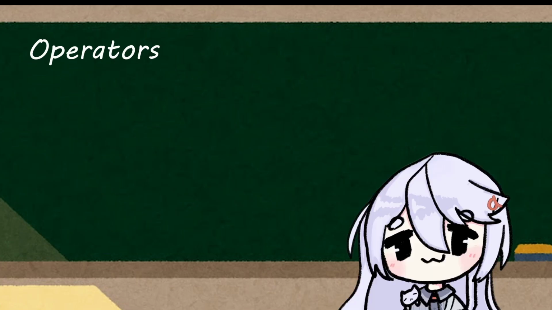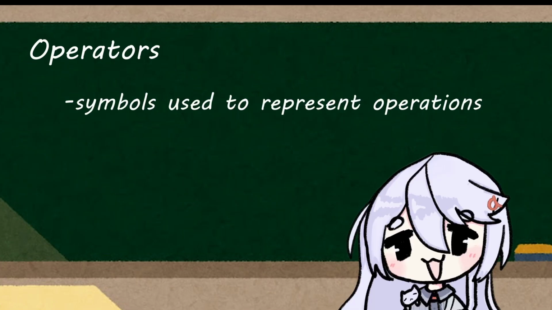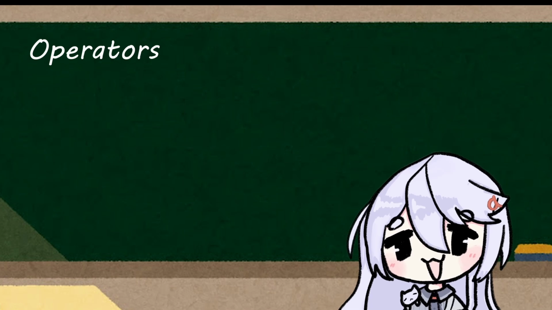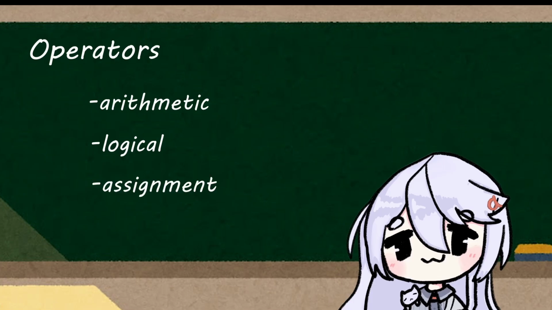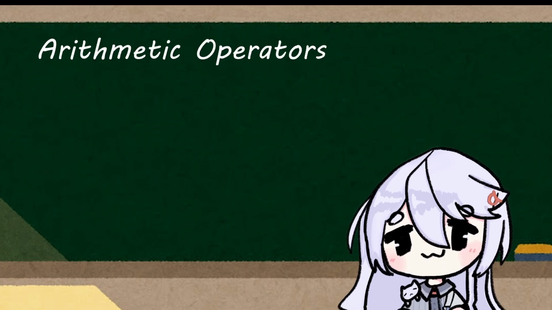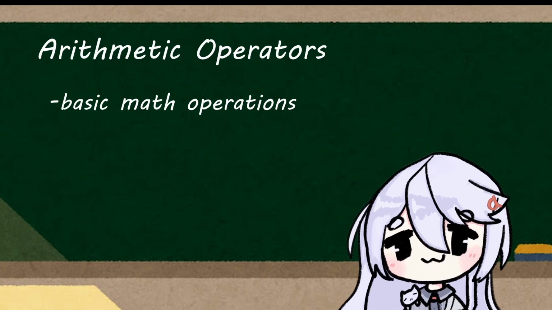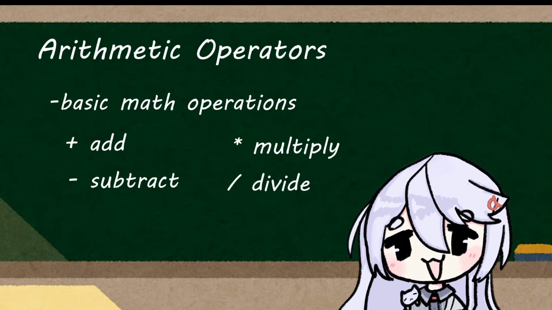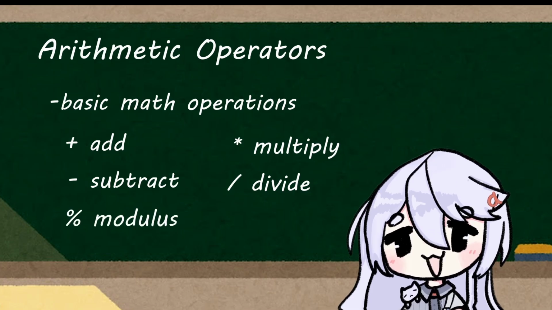Operators. Operators are symbols used to represent some sort of, well, operation. There are a lot of operators, but here are some common ones. Arithmetic operators, logical operators, and assignment operators. Arithmetic operators are used for your basic math, like plus, minus, multiply, divide, and modulus.